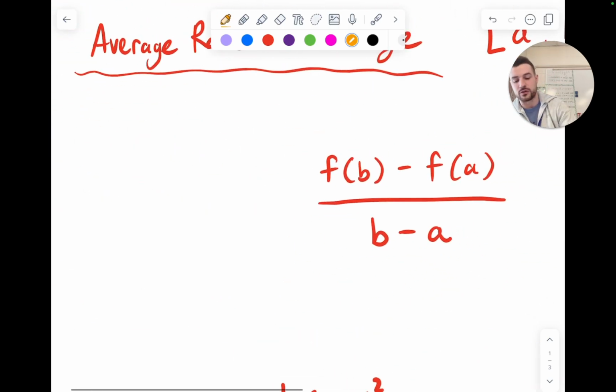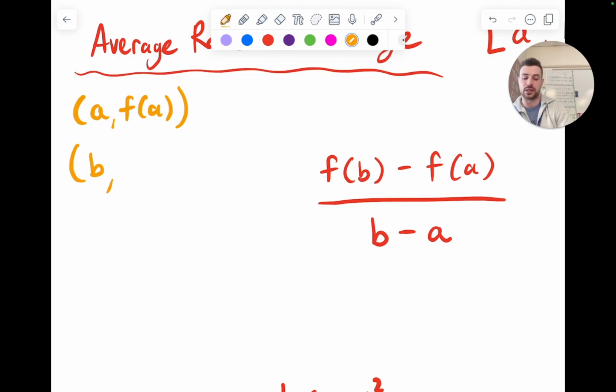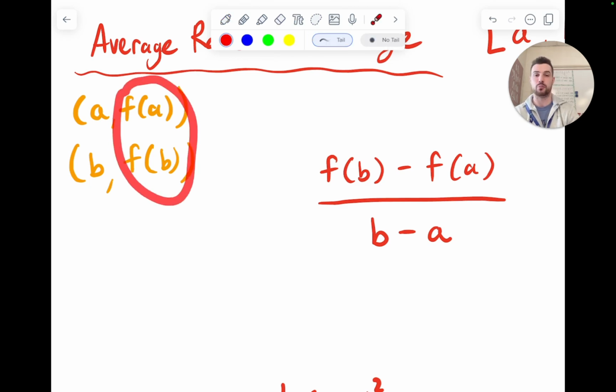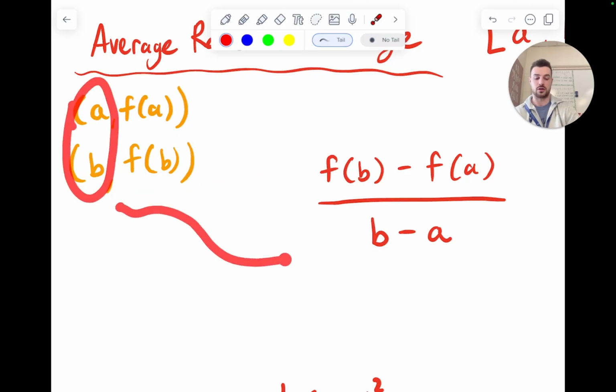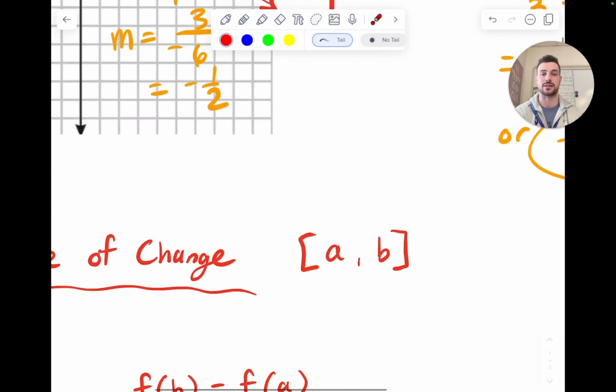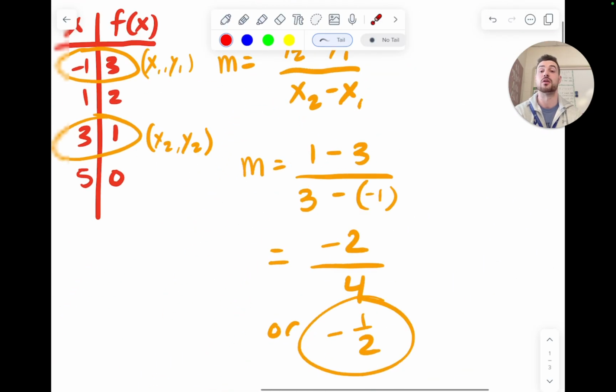If we have an a value as our input, then our output would be f of a. That's 1 point. The other point, let's say we have an input of b, well, the output would be f of b. So all we're doing is, once again, subtracting their outputs and then dividing by the subtraction of their inputs, which is exactly like what we did over here.